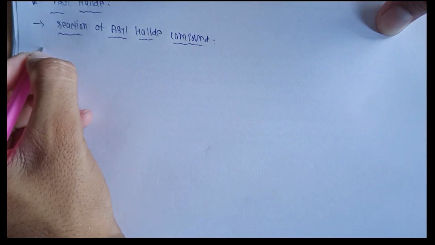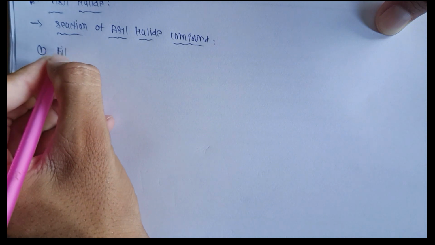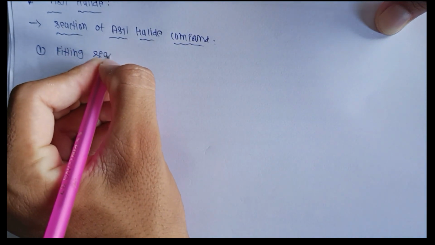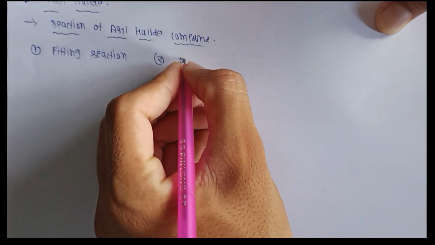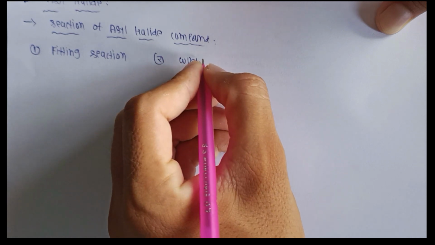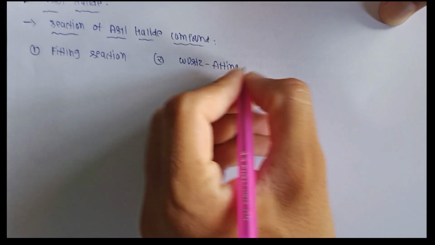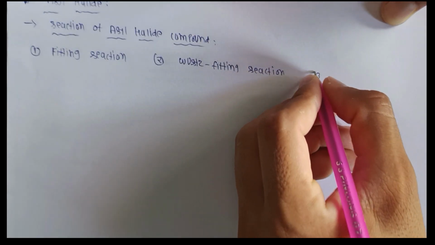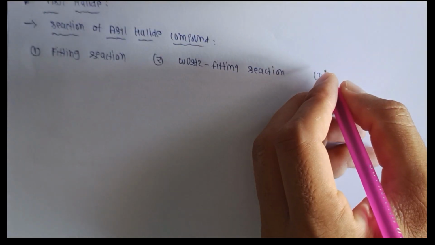In chemical reactions, we first discuss the Fittig reaction. The second one is the Wurtz-Fittig reaction. And the third one is the Ullmann reaction.